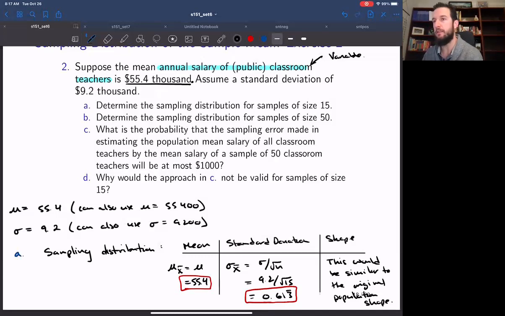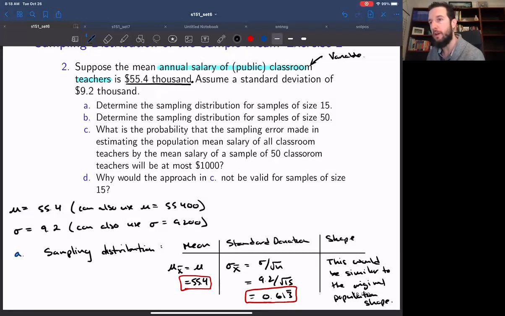And what I mean is, for example, suppose that the population of interest, so the mean salary, was right skewed. At samples of size 15, the sampling distribution would still be right skewed. It wouldn't be as strongly right skewed as the original population, but it wouldn't be normal either because, again, the central limit theorem says that we need at least 30 observations for X bar to return to normality.